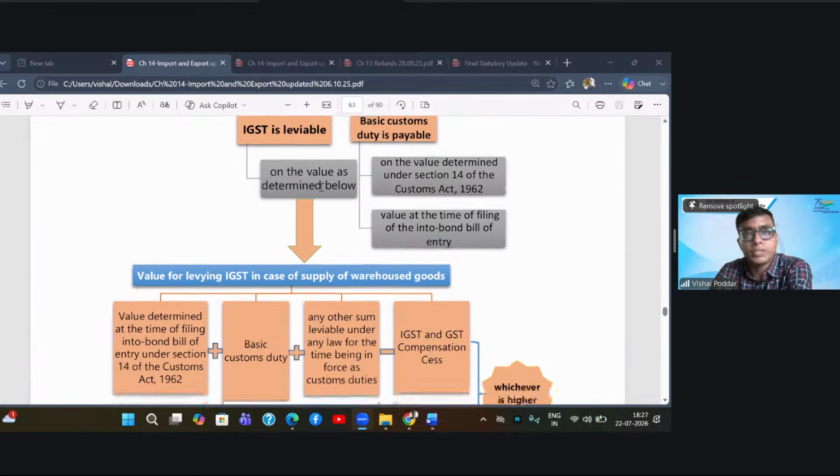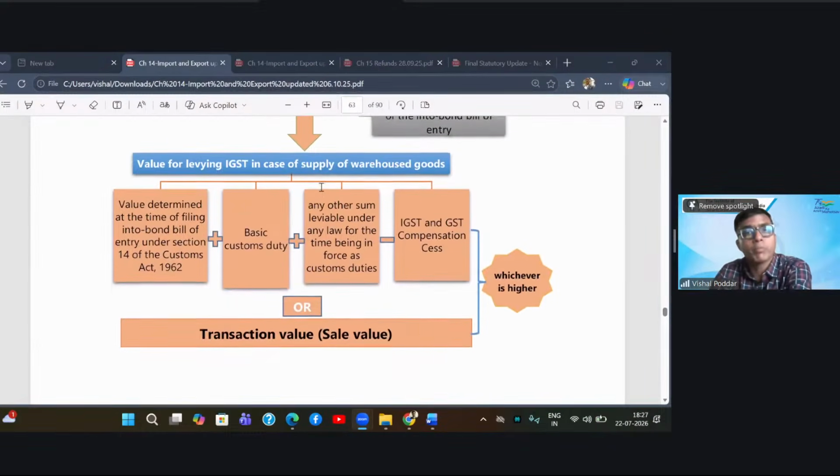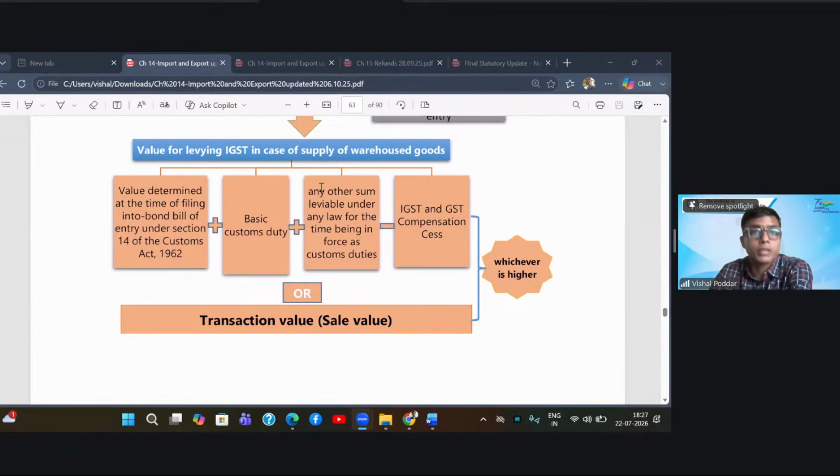What about the IGST? For the purpose of computing IGST, the customs law says you will take the higher of two values. The first is the value which we studied above also, which is the value at the time of import, which is the assessable value under section 14 of the Customs Act, plus basic customs duty, plus other duties which are levied under the customs. On this total, you will pay IGST, or on the transaction or sale value, whichever is higher.